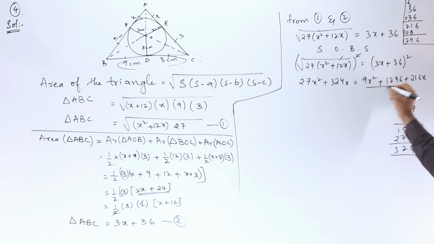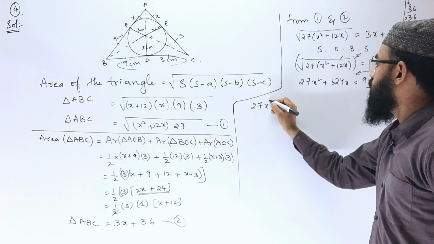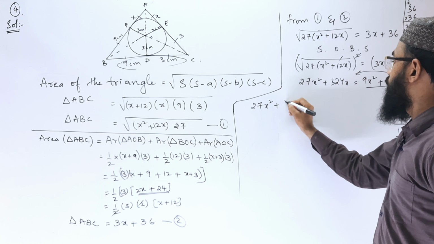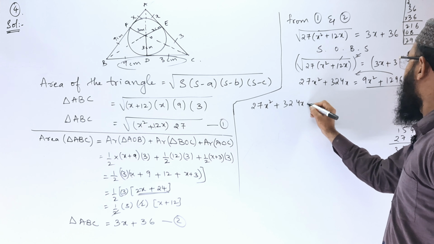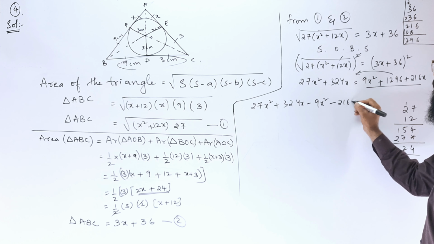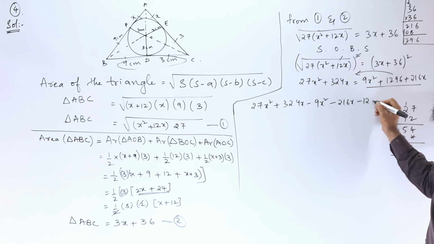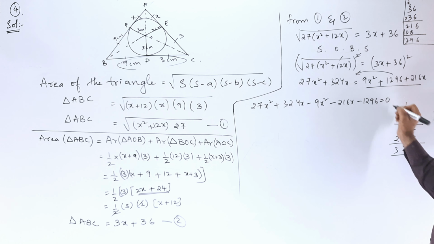Now we will send this all to that side. So it will become 27x square plus 324x minus 9x square minus 216x minus 1296 is equal to 0.